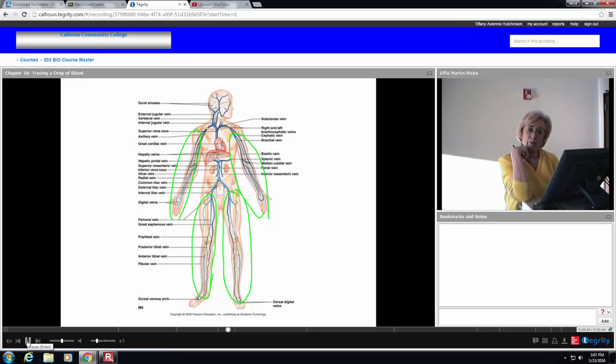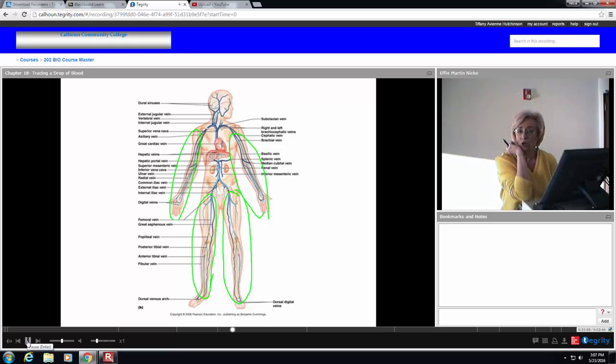If you know the major pathway and how to get there and how to get back and what all that means, then once you learn that, if somebody talks to you about the internal carotid versus the external carotid, I surely hope you will realize that the external carotid is going to go up and feed the outside of your head, and the internal carotid is going to go up into your head to the brain.